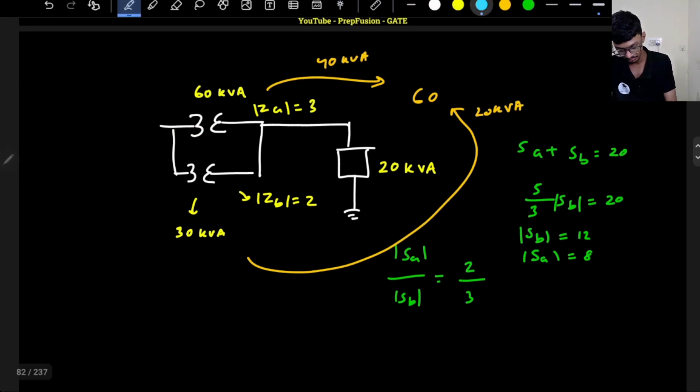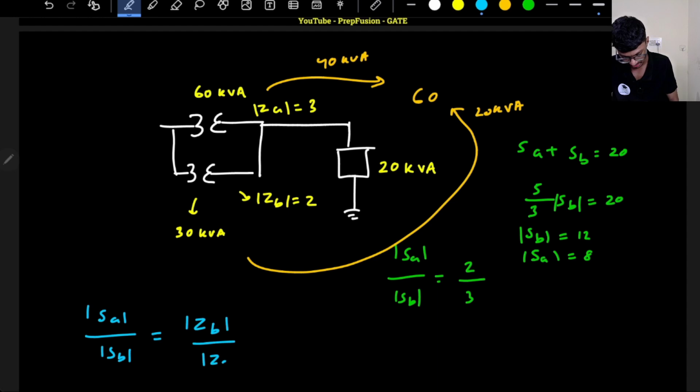So basically what I want is the magnitude of SA divided by the magnitude of SB, which equals ZB upon ZA, as we have already established.